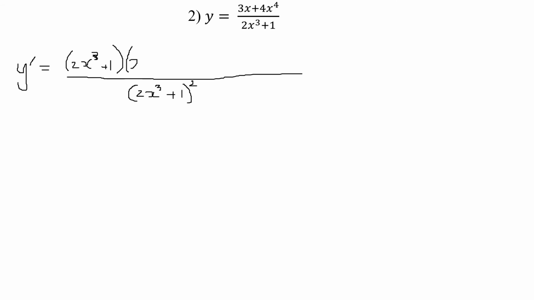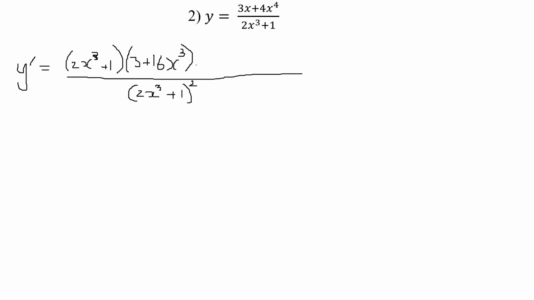No, not x, with 3. The x will disappear, power rule. So that will leave us with 3 plus 16x cubed. Power rule: the 4 goes in front, and then we take away 1. So that is how we apply our power rule.